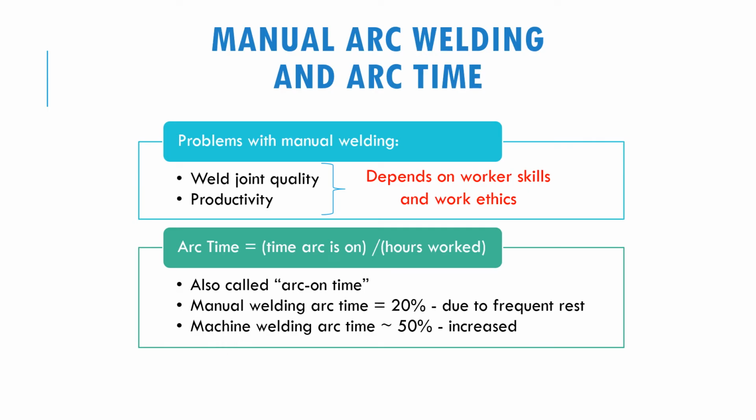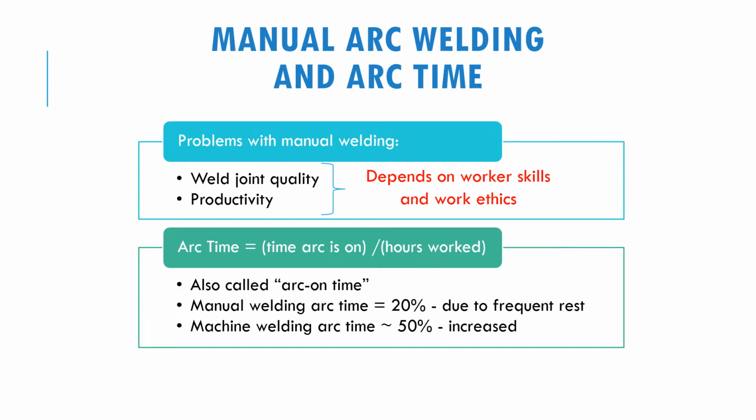There are some problems with manual arc welding. Weld joint quality and the productivity of the welding process depend on the worker's skill and work ethic. If the worker is not skilled enough, or the work ethic is not good, it will show in the productivity and the joint quality. Uptime is calculated using the equation: time the arc is on per hour worked by the worker.